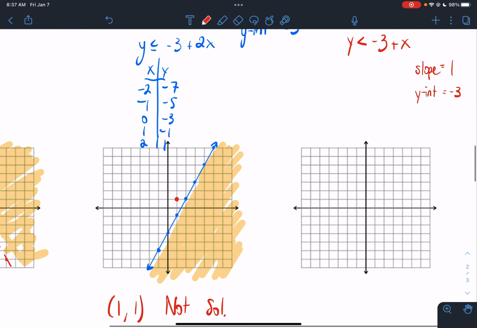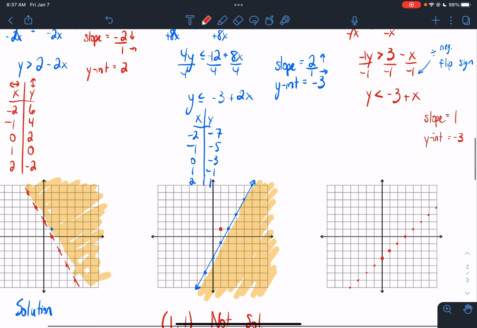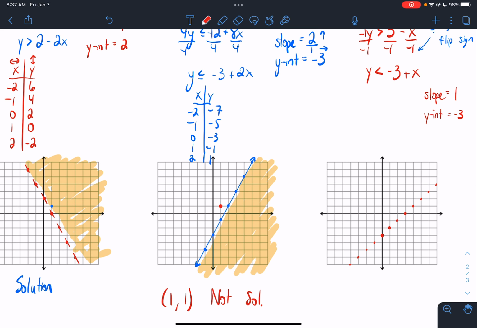So when I go to graph this, again, my y-intercept, I'm starting 3 below my origin, and I'm just going up 1, right 1. I can then graph this to see if it's dotted or solid and which side to shade.